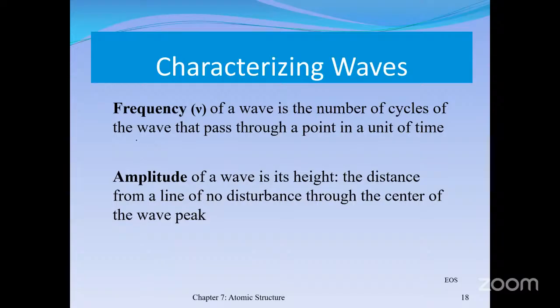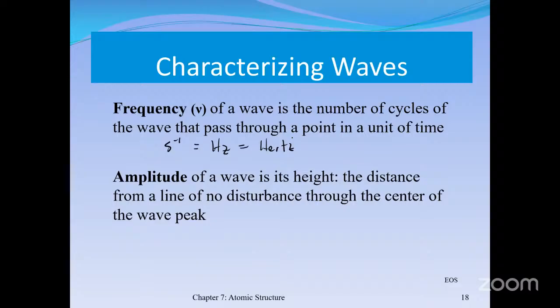So the unit of frequency will be seconds to the -1, but there's a special symbol and name for that unit. It's called the Hertz unit, Hertz. So that's a Hertz unit. And that will be the unit of frequency that you're going to be using pretty much throughout this particular chapter. And then you have the amplitude of the wave.